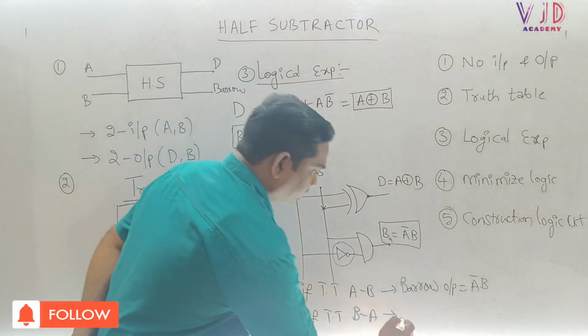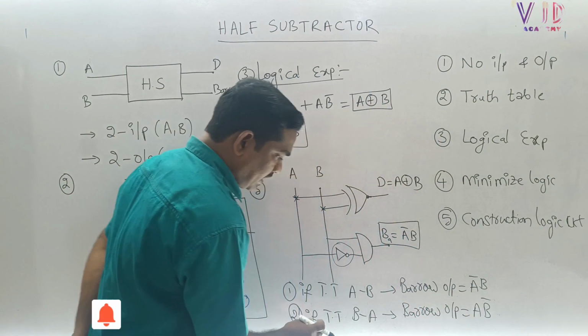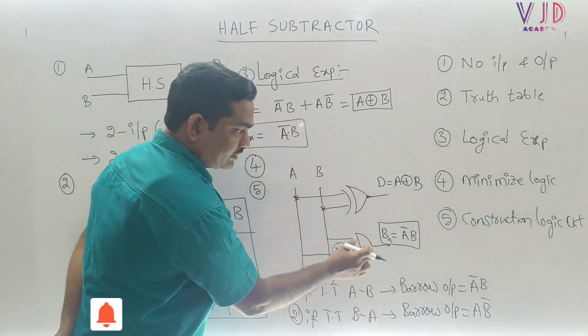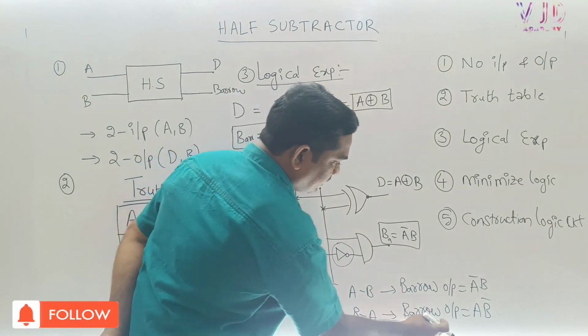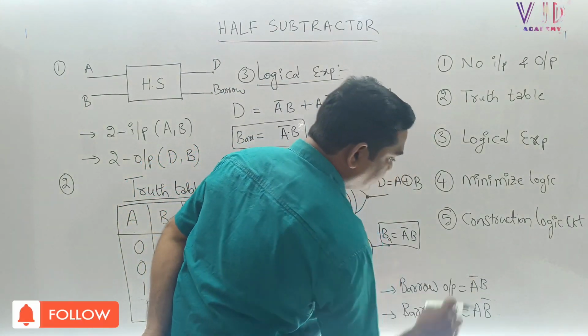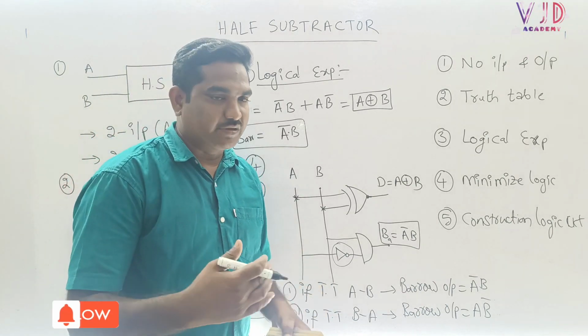The borrow output will be A into B bar. So if we make A minus B, the borrow output will be A bar B. If we make B minus A, the borrow output will be A into B bar. This is the thing we need to remember from the competitive exam point of view.